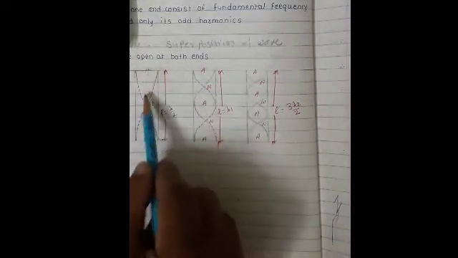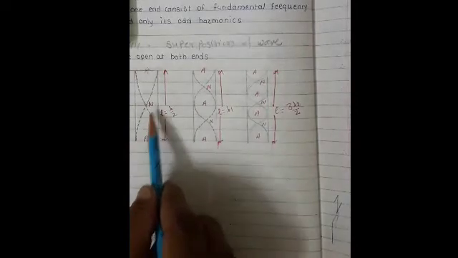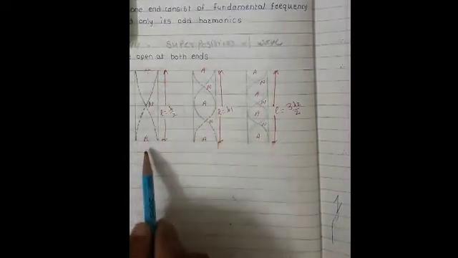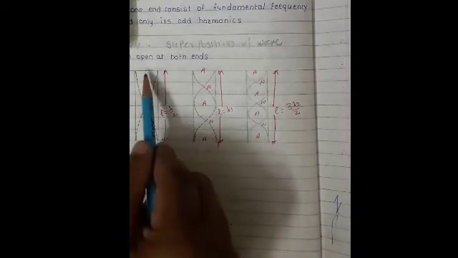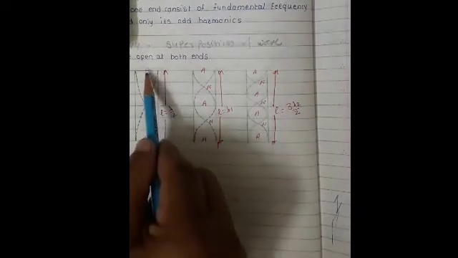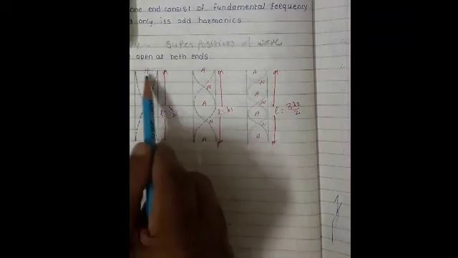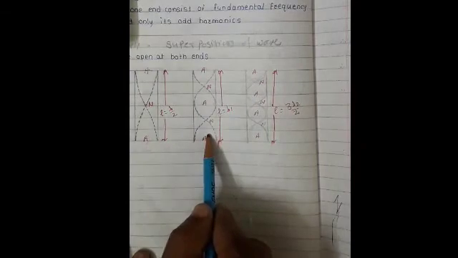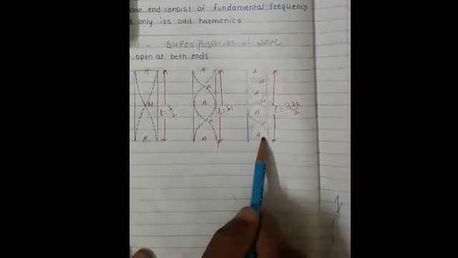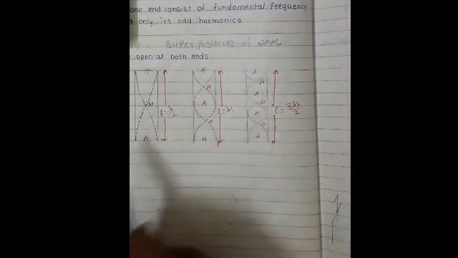Since both sides are open, antinodes are essential and must be provided at the open ends of the pipe. Therefore, half and half first, then one and half, then two and half. That means antinodes are at its open ends.